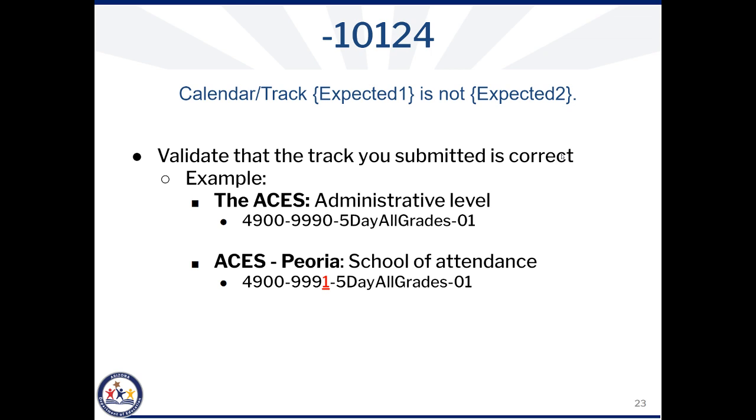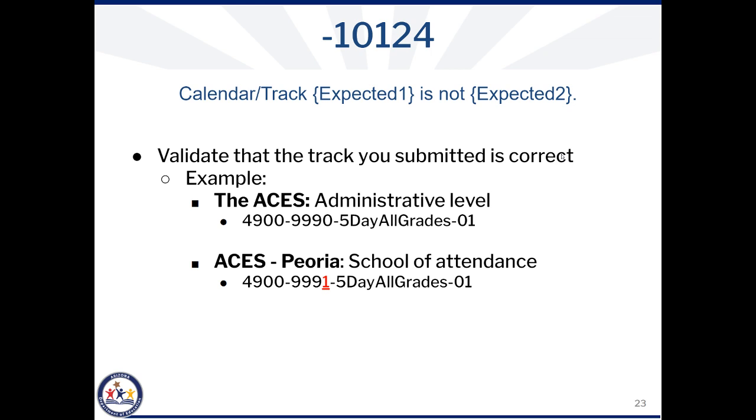So if you are receiving this integrity error, this is likely because the way that you're sending the student data, likely in the setup in your student information system, is sending the wrong entity ID. The best example that I can think of specifically is for the private day schools. If in this calendar code you're submitting, say, your entity, so 4900, let's say that is your LEA or district ID, entity ID level.